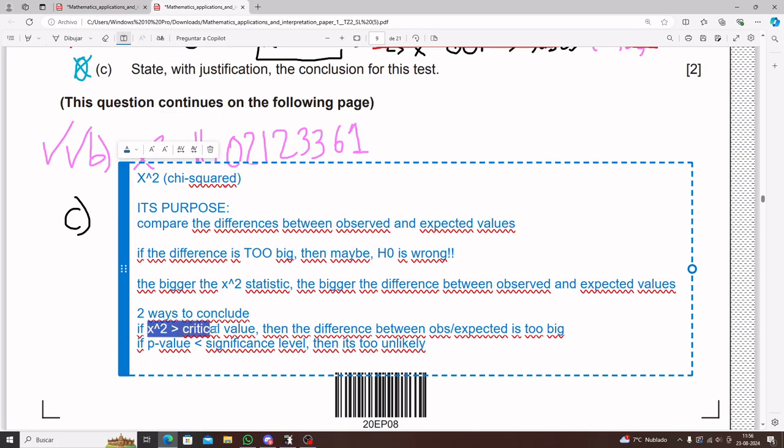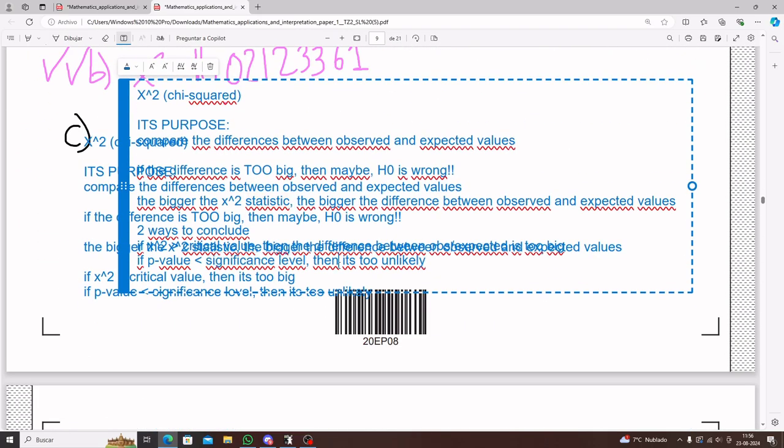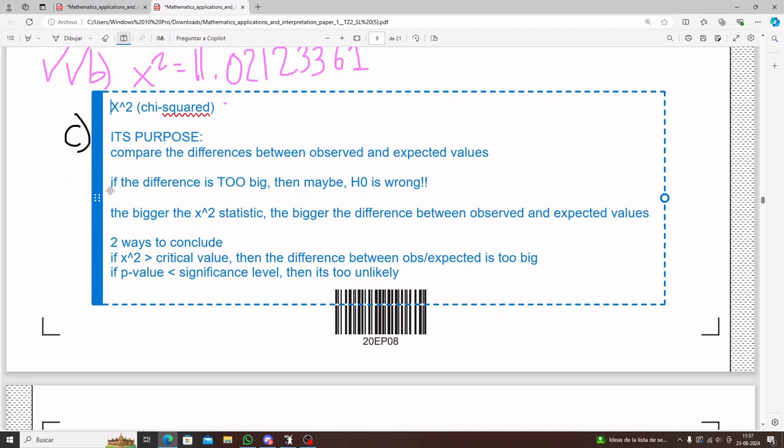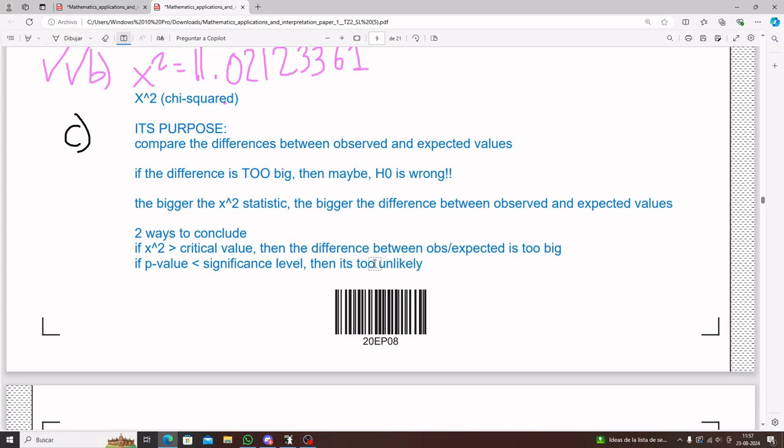Because these values there are not probabilities. The p-value and the significance level is. So if the p-value is less than the significance level, which is a probability of 5%, then it is too unlikely. So you either say, okay, these values are way too far from my expected, or what I'm observing is far too unlikely, okay?